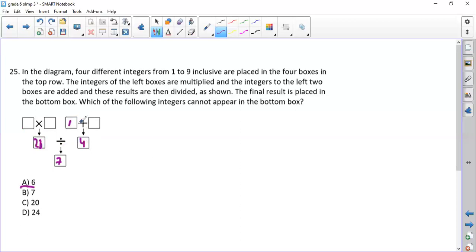Here I can put 1 and 3, which will give me 4. And 28 is 7 times 4. Only these ones must not be repeated. So 28 divided by 4 is 7, and this one is possible. Since I found one example for 7, it is okay.